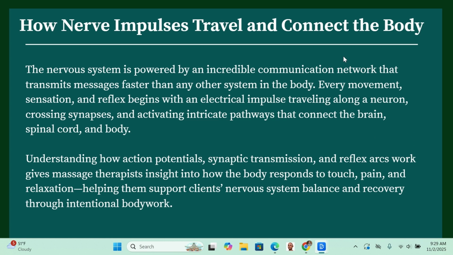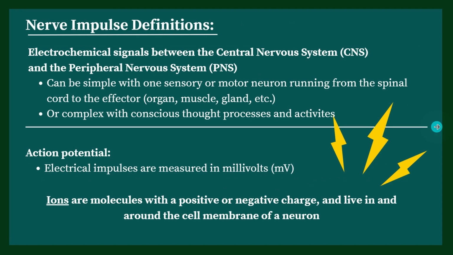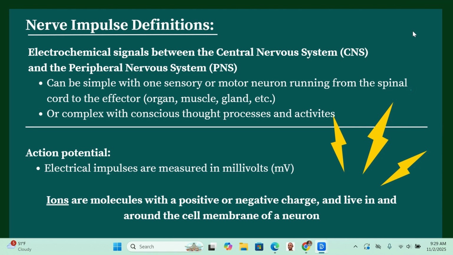Understanding how action potentials, synaptic transmission, and reflex arcs work gives massage therapists and body workers insight into how the body responds to touch, pain, and relaxation, helping them to support the client's nervous system balance and recovery through intentional body work.